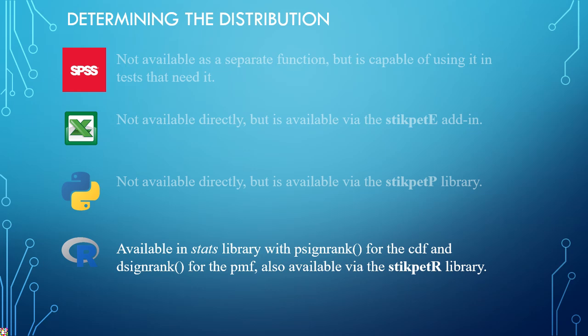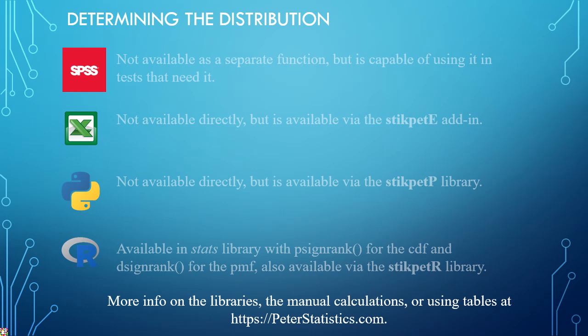I'm not sure which technique it's actually using. There's not a lot of documentation about how these functions work. I also made my own version of this in my stikpet R library. So if you're interested in one of these libraries, check out my website.